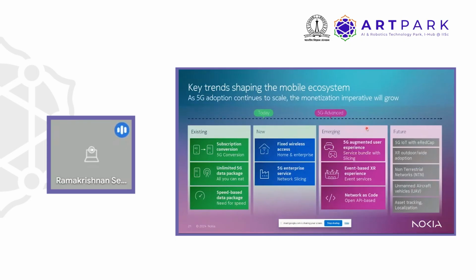In terms of the trends that we see for 5G Advanced, right now we are on the leftmost path, wherein we are still looking at the subscription conversion from 4G to 5G. We are looking at the unlimited 5G data package, and then of course speed-based data packages. There is considerable focus on how to monetize the 5G network as of now.